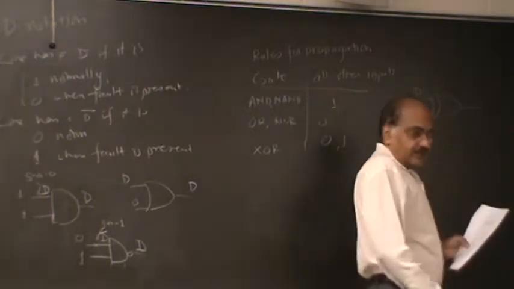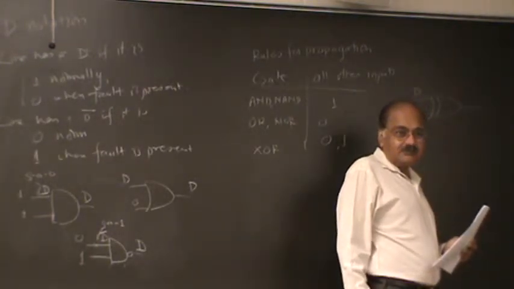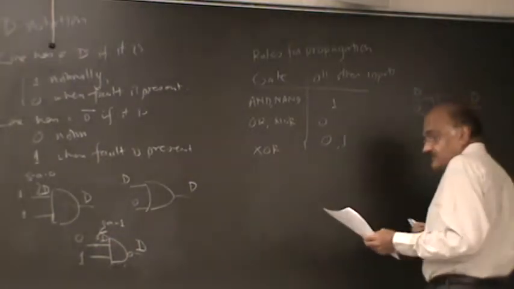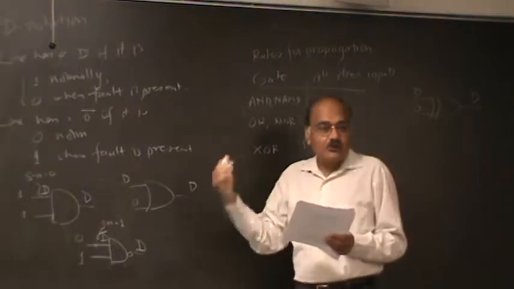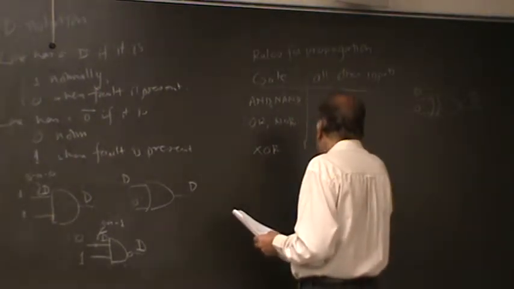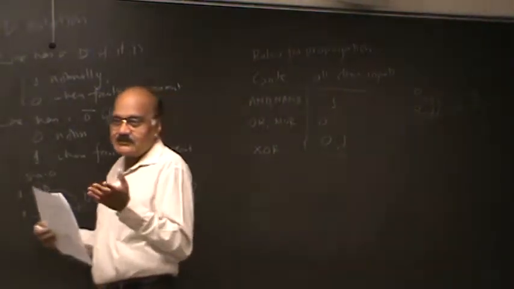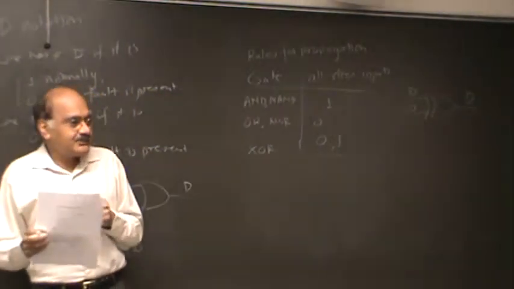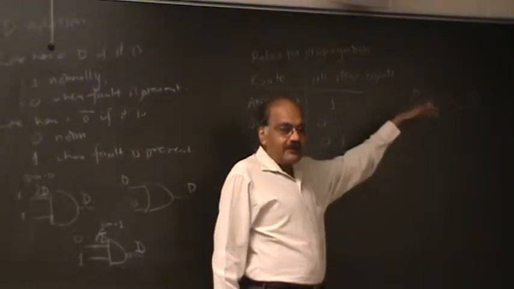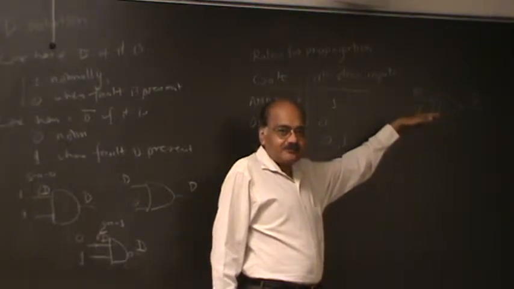So 0 exclusive OR with X is just X, right? So this would be a D, which is fine, because somehow you want to propagate the error. So it is either 0 or 1. Now it turns out that exclusive OR gates are nice because it is easier to propagate error through exclusive OR gates.